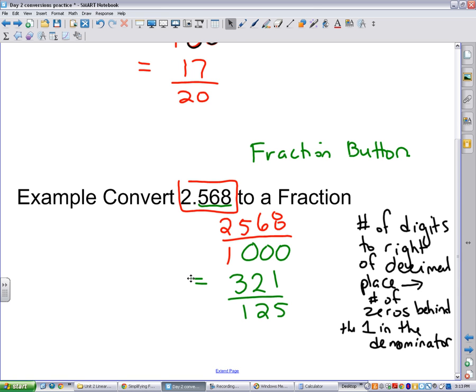So we had 3 digits, and that became 3 zeros. And we had the digits 2, 5, 6, 8, so the entire set was written without the decimal place as the numerator.